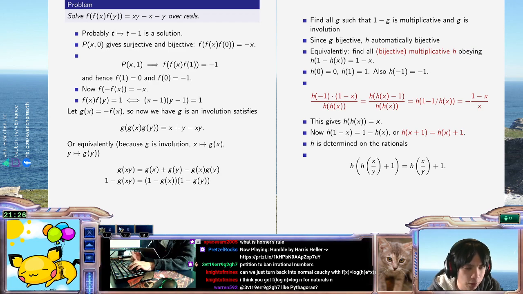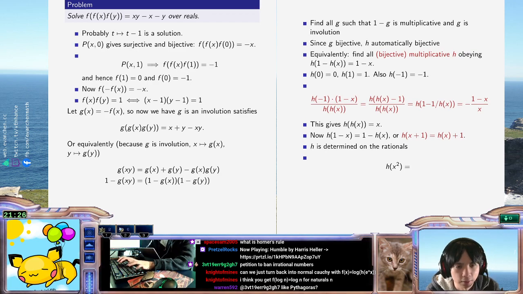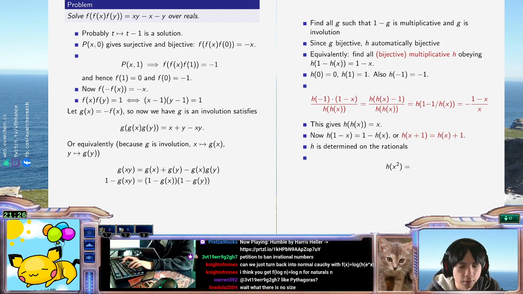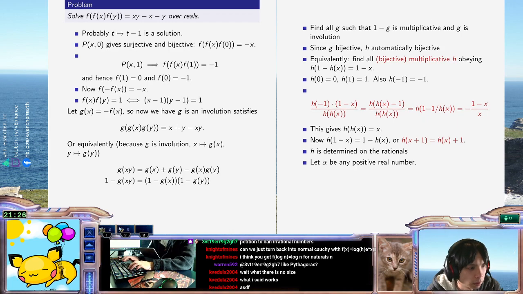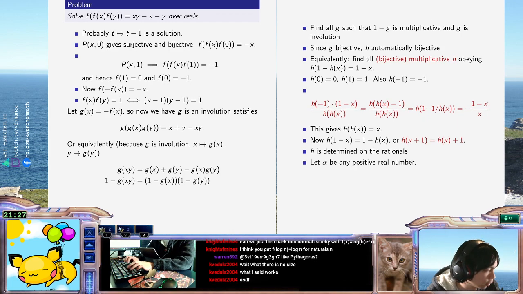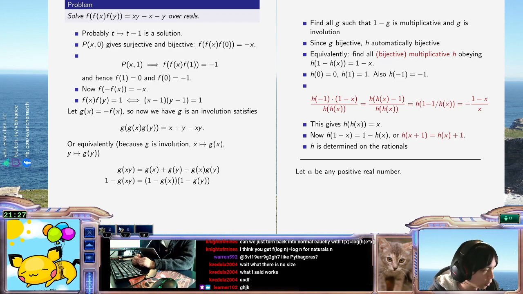So for every positive number, h of x squared is non-negative. So let's say let alpha be any positive real number. The thing you said, how did... Okay, Vidula, please explain the thing you wrote, because I don't understand it. You claim that you had this equation.